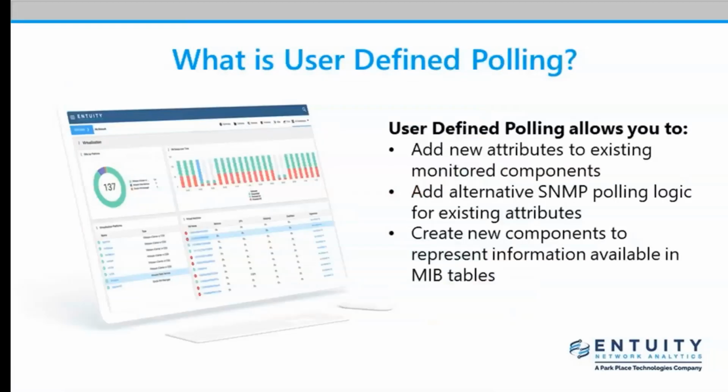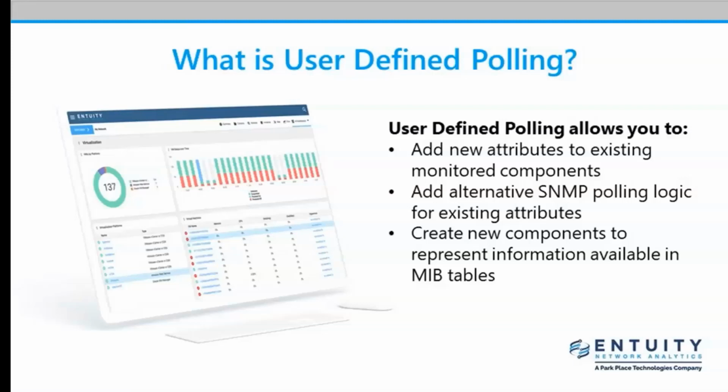So let's get started on today's topic, which is user-defined polling. Now, I just want to touch on the high-level concepts of what user-defined polling brings to the table. Fundamentally, in its ordinary standard use, there are three main use cases that are addressed by user-defined polling, and it's an area where you can extend functionality of the ENA product.